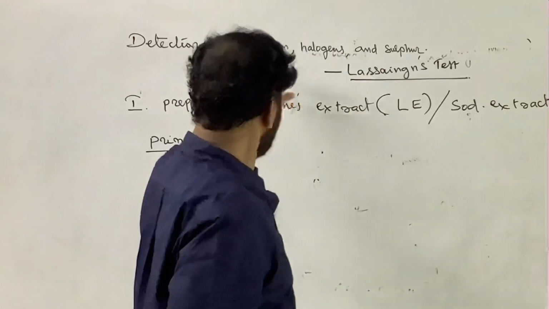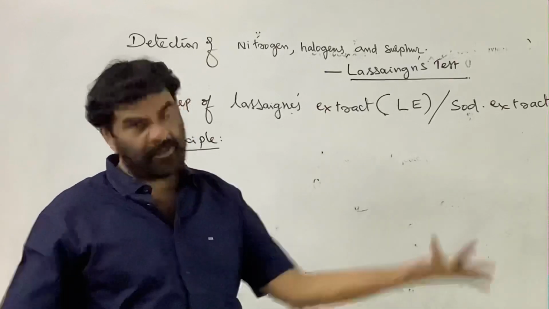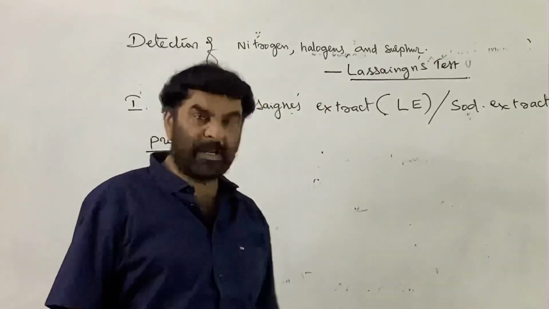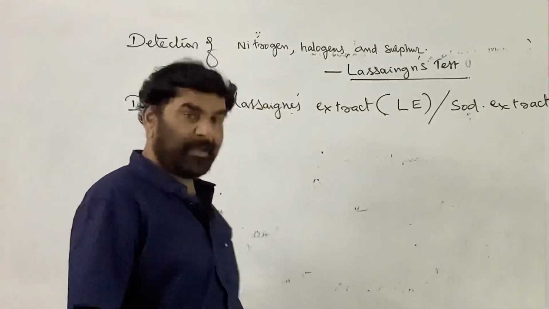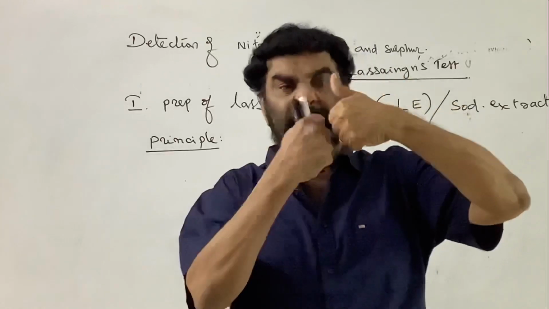The bond between the nitrogen atom and carbon is a covalent bond. The nitrogen-hydrogen bond is a covalent bond. These are not free. They are not ionizable groups. They are firmly connected to the carbon.